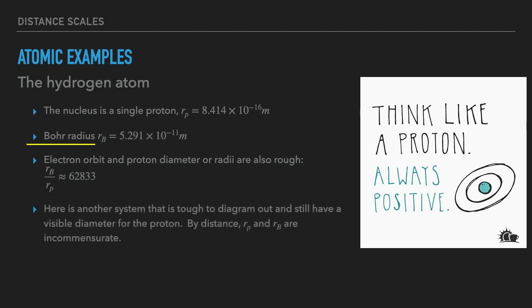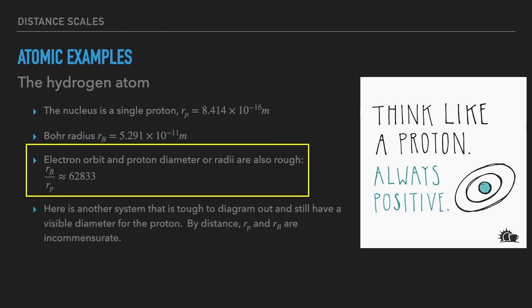Right, so this is another one that is impossible to diagram and still be able to see either the electron or the proton. My drawing program is about 1920 pixels by 1080, so I can't hack this. There's probably software to do it, but then you'd have to exaggerate the size of the proton in order to actually see it.